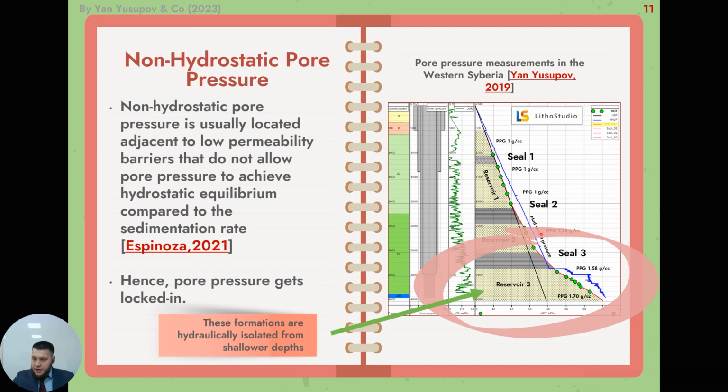Essentially hydrostatic. After 3 kilometers, between 3 and 4 kilometers, pore pressure increases with depth very rapidly, indicating that these formations are hydraulically isolated from shallower depths.